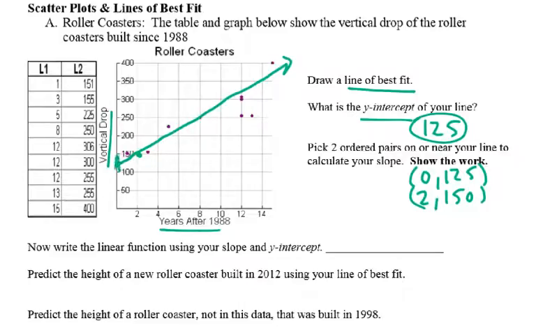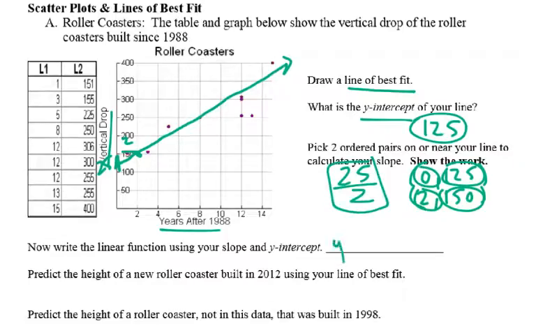So I went up 25 and to the right 2. So it would be 25 over 2. Right? You can just go 150 minus 125, 2 minus 0. Can't simplify it, so that's my slope. So I'd go y equals 25 over 2 x plus 125.